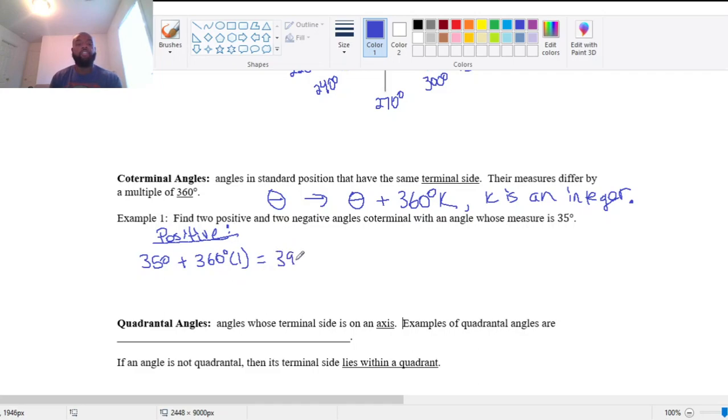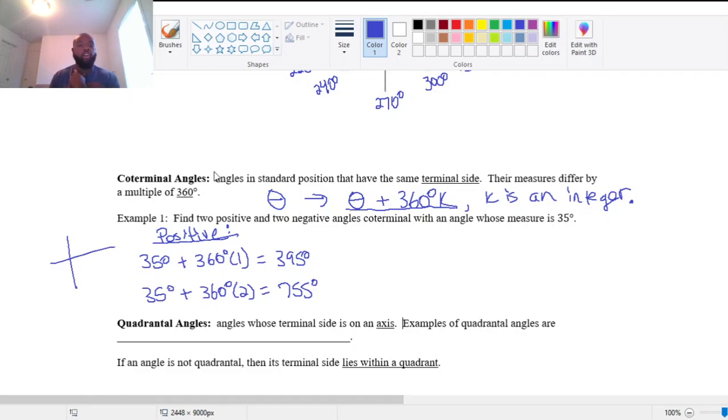Well, that's 395 degrees. I can also add another 360 degrees, or use this formula and let k equal 2. Well, 360 times 2 is 720, and if I add 720 and 35, I get 755 degrees. Now that's a huge angle measure, but notice we said that they're coterminal angles.